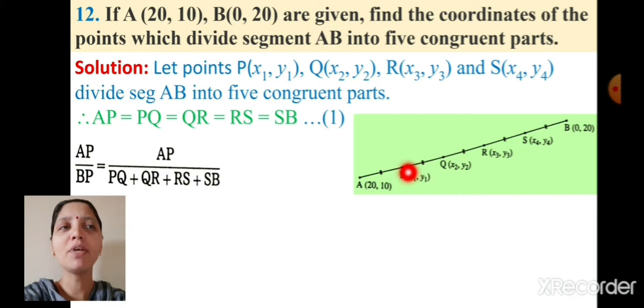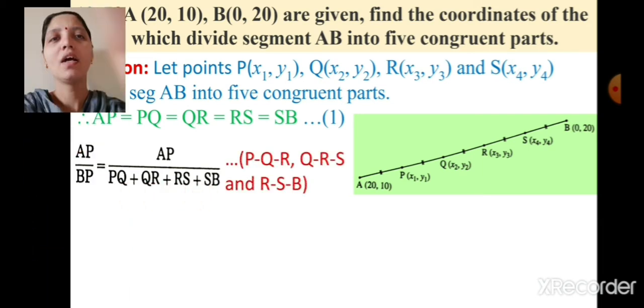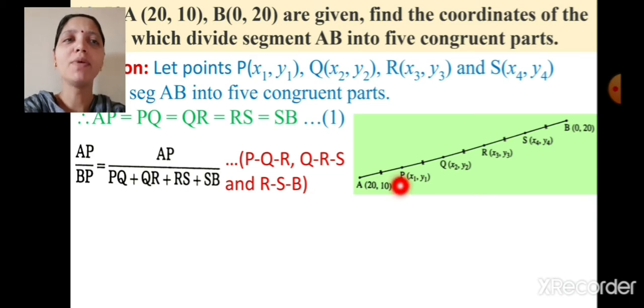We can write PB as PQ plus QR plus RS plus SB. So let's write AP upon PQ plus QR plus RS plus SB. The reason is points P, Q, R, S and B are collinear points.